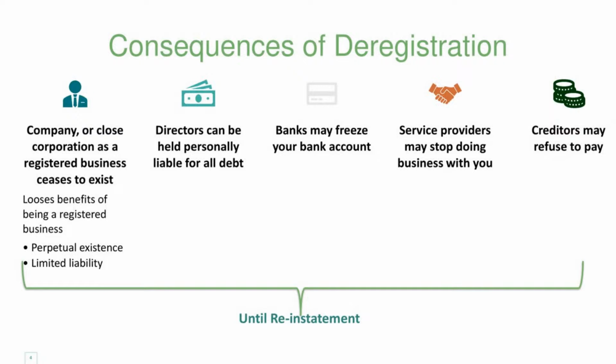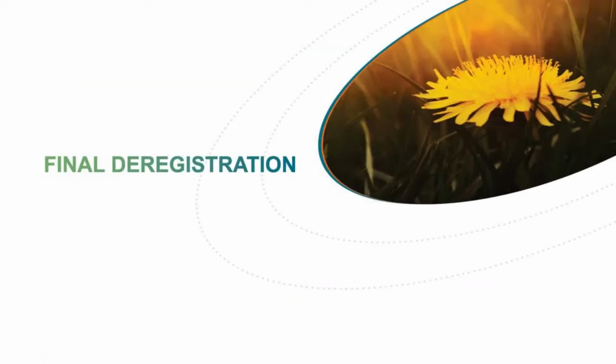The directors will be held personally liable for all debts. The banks may freeze your account and service providers may stop doing business with you. Creditors may also refuse to do payments to a deregistered business.